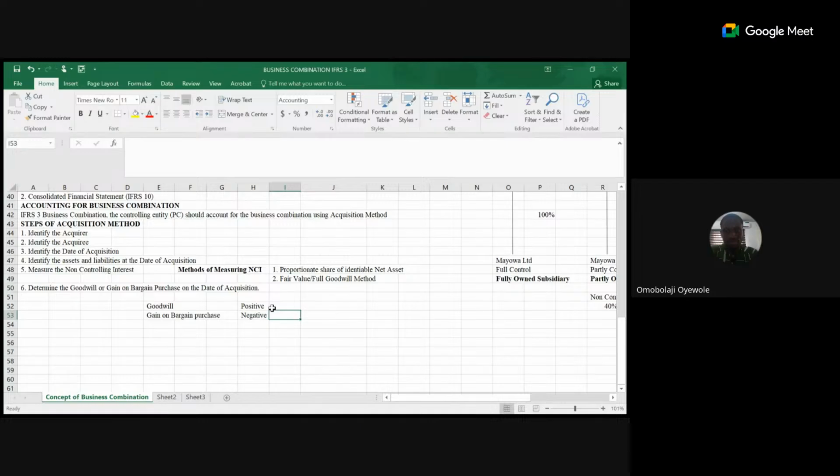You have paid that money to the company to buy their shares. That money you pay at the time you are buying their shares is the consideration. Then you need to carry out an assessment on the net assets of the company. The difference between the consideration you transferred, which is the money you paid at the beginning, and the net assets is the goodwill.